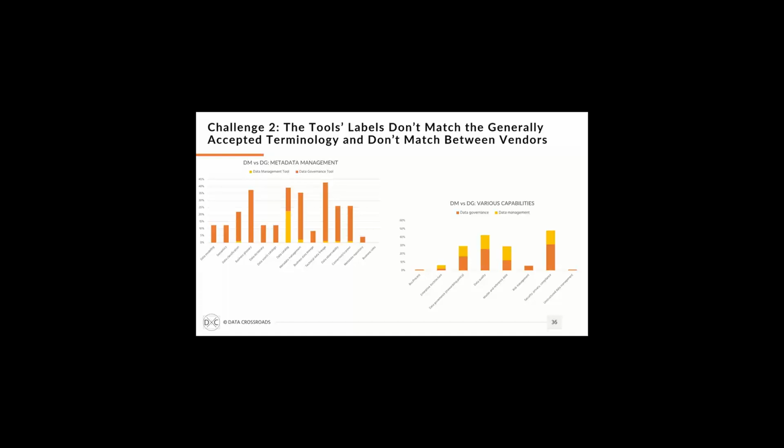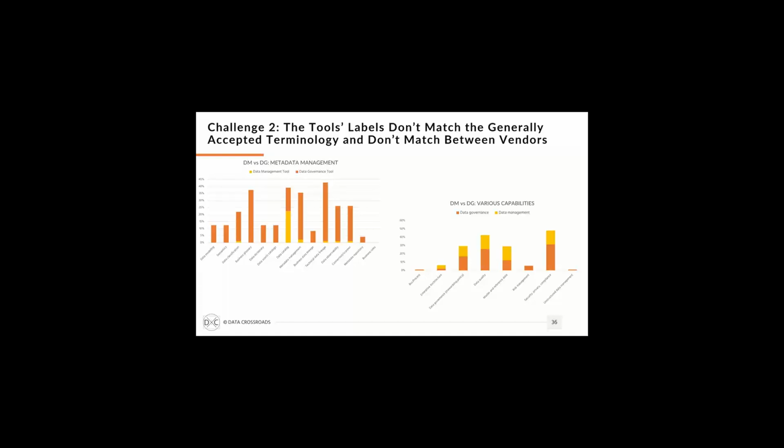We don't have a clear definition of data management and data governance, because what you can see, the yellow color represents data management tools and orange is data governance. So finally, independently of how data management tools have been labeled, they offer the same functionality. And sometimes these functionalities even don't match our understanding of this capability.